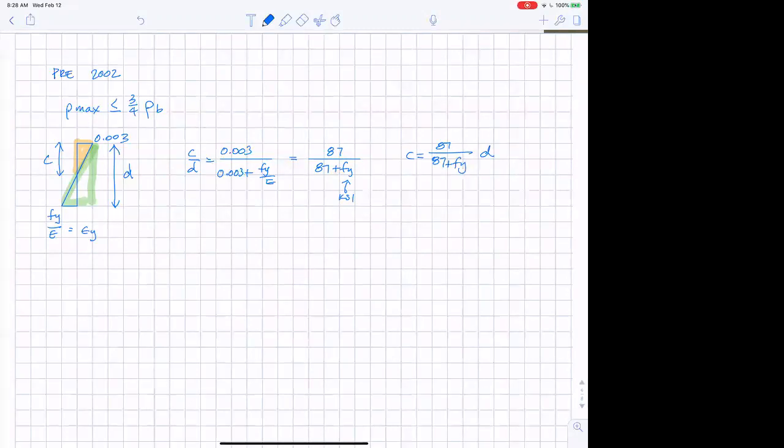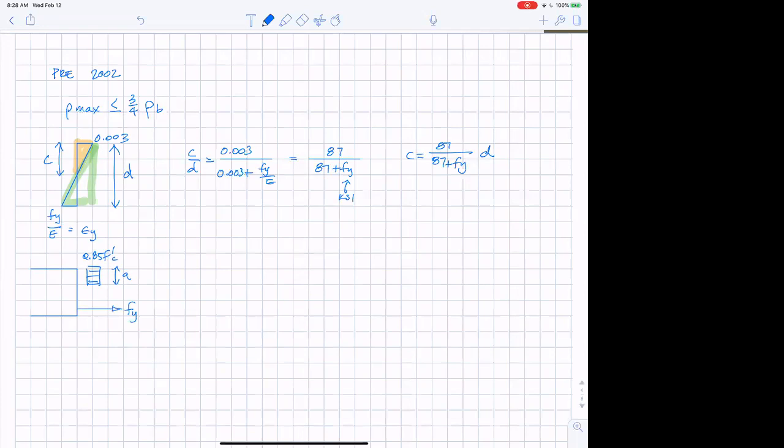You then just do statics. And so in the beam, we'd have the Whitney stress block here, where that distance is A, and the stress is 0.85 F prime C. And this, of course, is yielded because we're at yield.